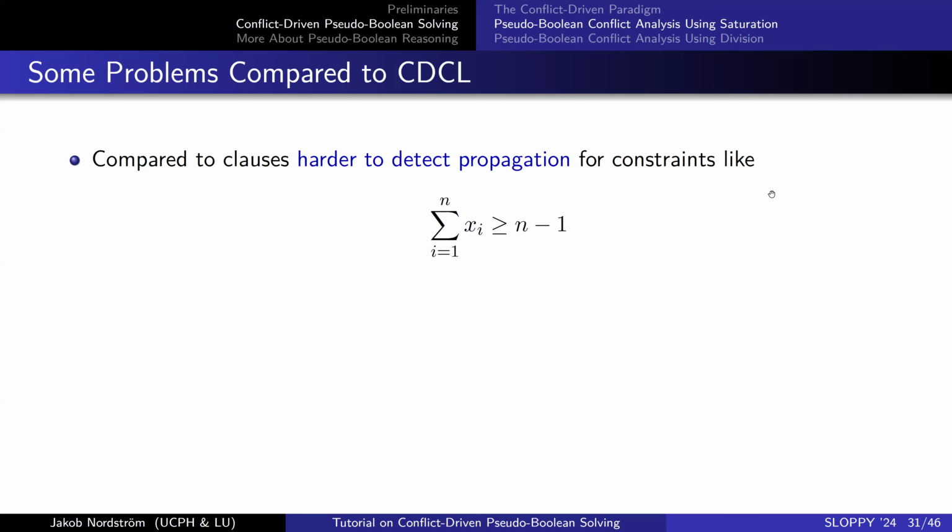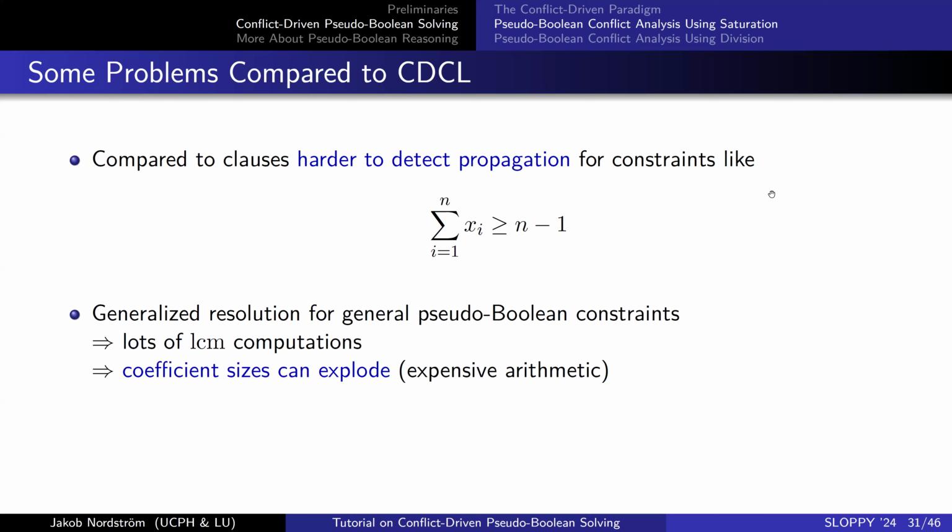For a clause, even if it is gigantic, as long as you know that there are two non-falsified literals in the clause, it's not propagating. But here you have to keep track of all variables to know that this constraint is not propagating, because as soon as a single variable goes to false, all of the other ones will propagate to true.